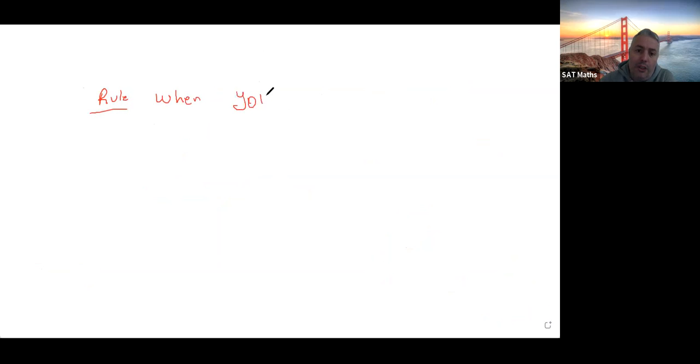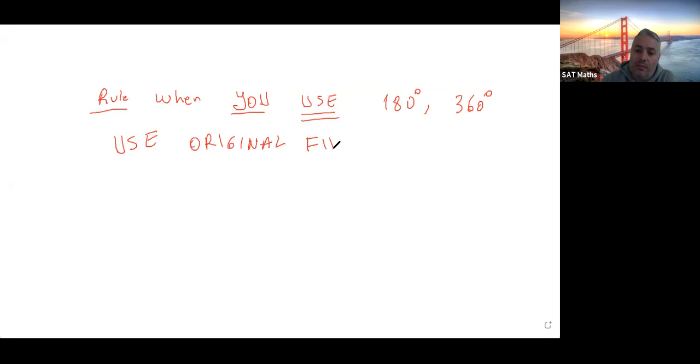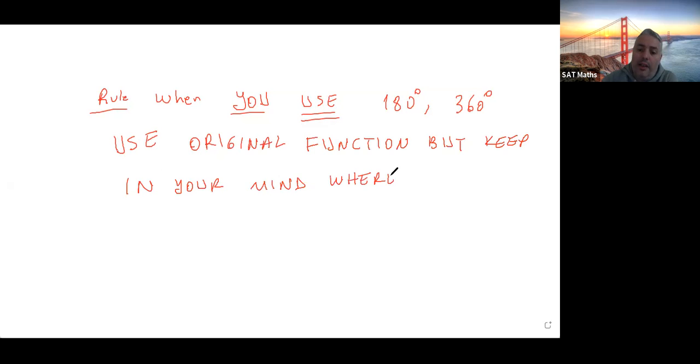When you use 180 degrees or 360 degrees, use the original function, but keep in your mind where is your question, which means angle.